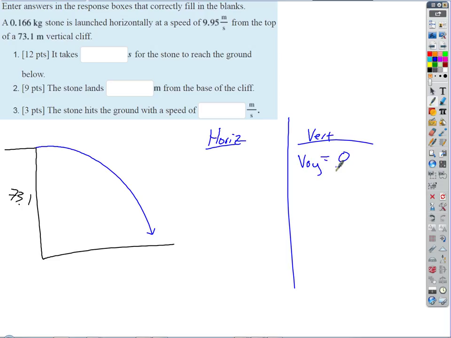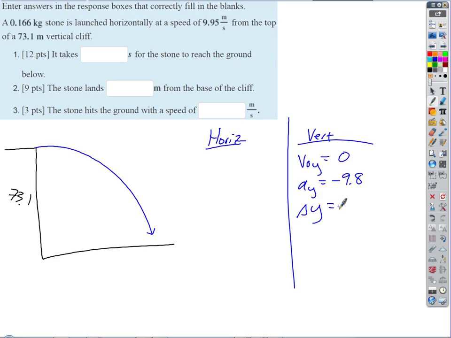What else do we know vertically? Okay, so the acceleration vertically is what? Negative 9.8. Good. Okay. What else about this trip vertically? Okay, so the displacement. So delta y, our displacement is what? 73.1.